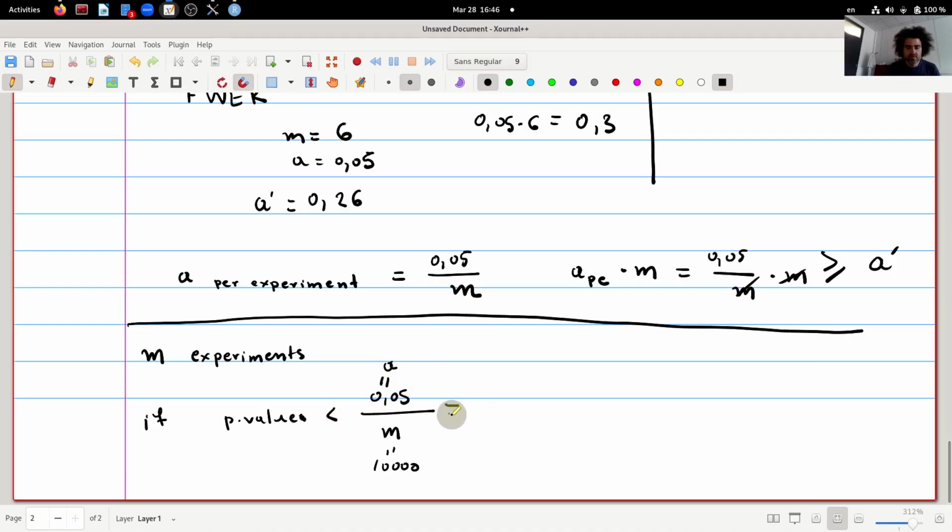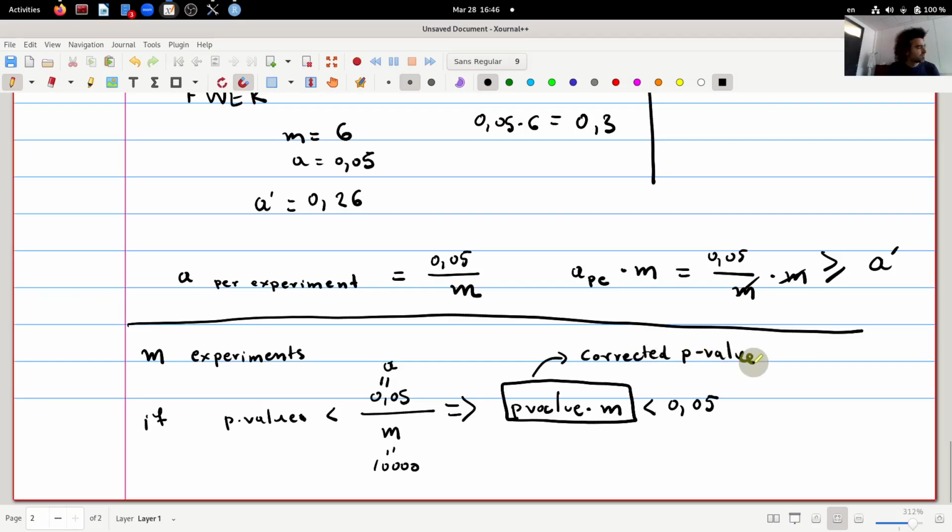Now this is the same as writing that p-value multiplied by m will be smaller than 0.05. So this thing here is the corrected p-value. But since we want this to be something like a probability, a number between 0 and 1, this multiplication does not guarantee that.